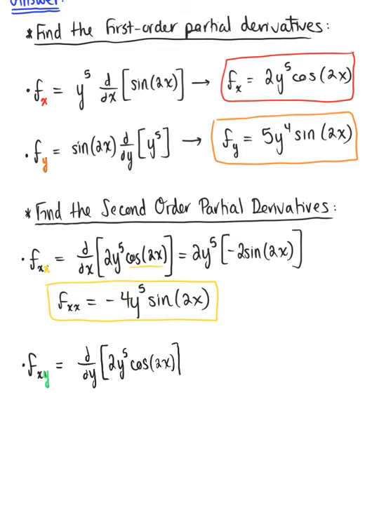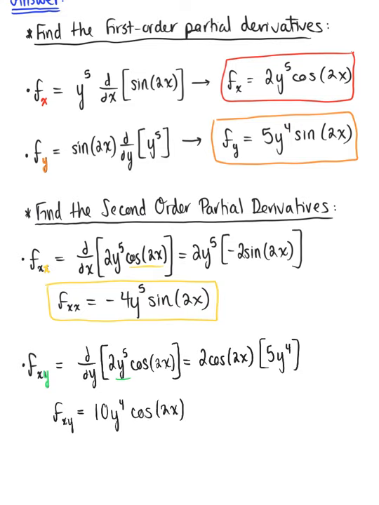So in this case, 2 cosine of 2x is our scalar multiple. And we are differentiating y to the 5th with respect to y. So that will be multiplied by 5y to the 4th. And this leaves us with our beautiful final answer. The second order partial derivative f sub xy is equal to 10y to the 4th multiplied by cosine of 2x.